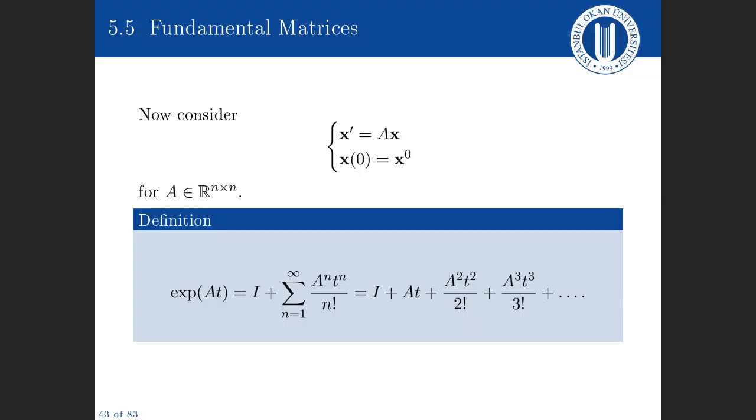I want to define the exponential of capital A t to be the identity matrix plus the power series starting at n equal to 1, capital A to the power n, t to the power n over n factorial. That's just the same as what I had on the previous slide, except instead of the number 1, we have the identity. And instead of the number small a, we have the matrix capital A.